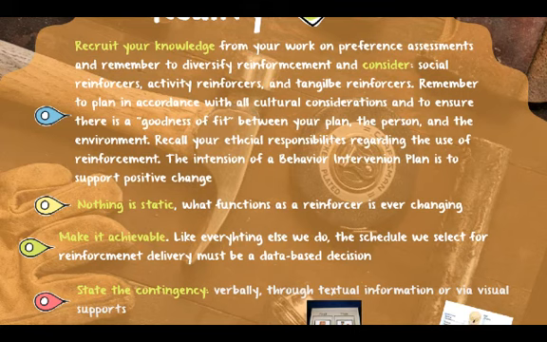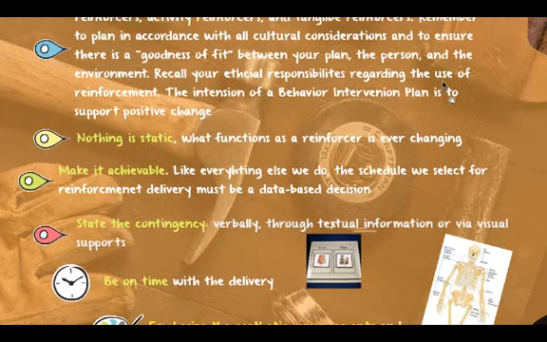So the length of time that we use to schedule reinforcers for an individual has to be such that the likelihood of achieving the goal and successfully meeting a goal is high, that there's high probability of a good outcome. And I'll talk more in detail about how to make data-based decisions about the differential reinforcement procedures that we're using as we move through the description of each of them.